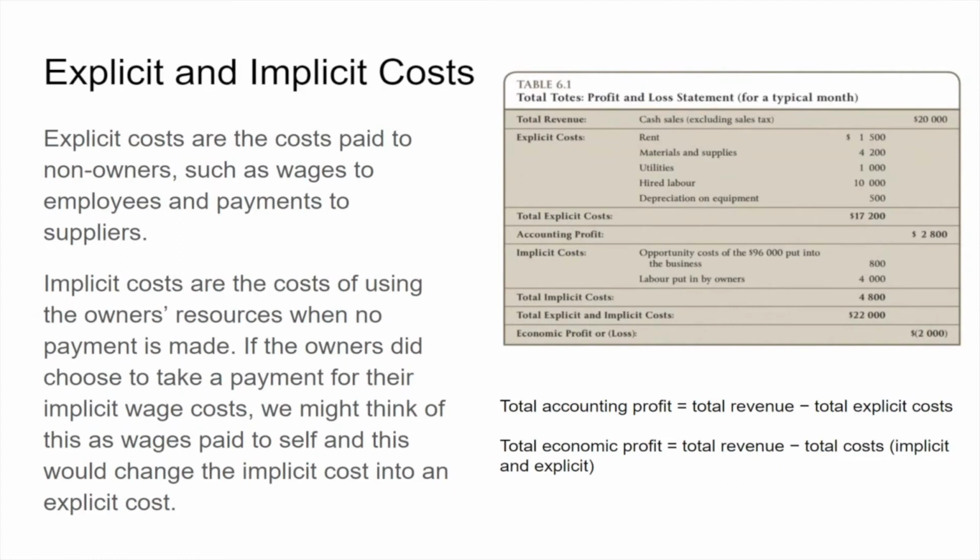The next available option is to go to work for somebody and to take your invested money and invest it somewhere else. So you need to ask yourself, am I making more than enough in my business to keep me in this business? And that's where we talk about the economic profit.